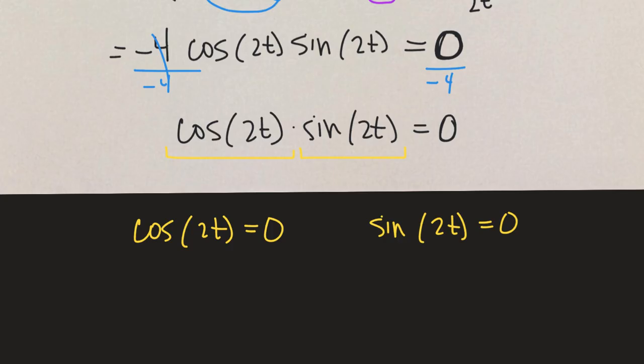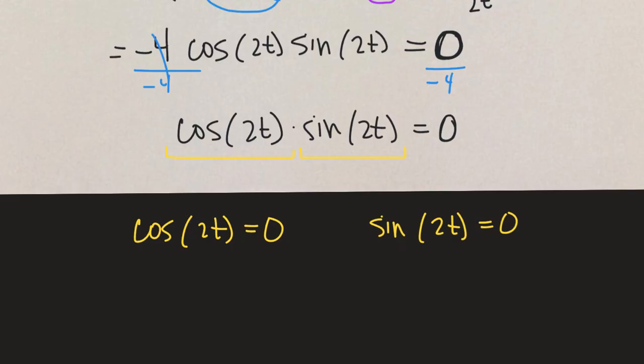One of those two things must be 0 in order for the product of them to be 0. Right, so we do this in algebra all the time when we have a quadratic. We factor the quadratic and set each of your terms equal to 0. Well, this is no different. These are factors because they're being multiplied together. Multiply means factor.